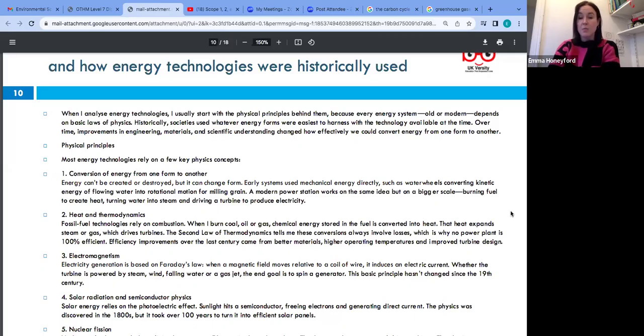A modern power station works on the same kind of principle, but the scale of it is much bigger. Burning fuel to create heat, for example, turning water into steam and driving a turbine to produce electricity. So there are two examples.